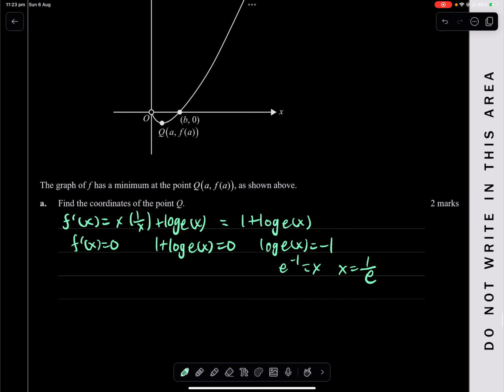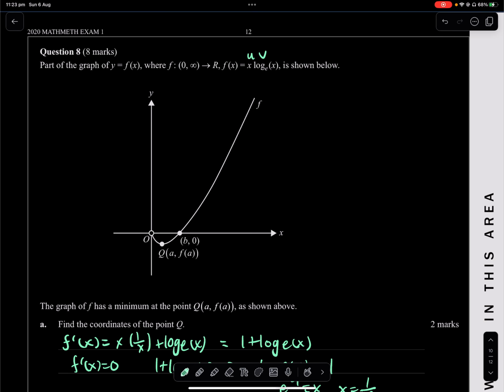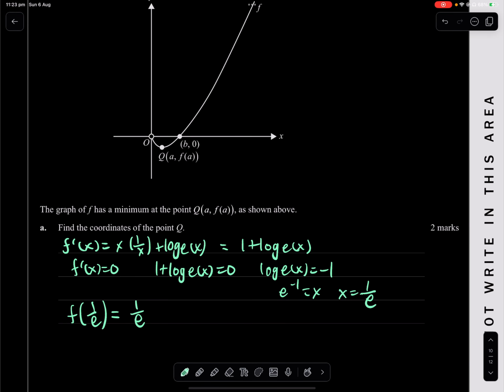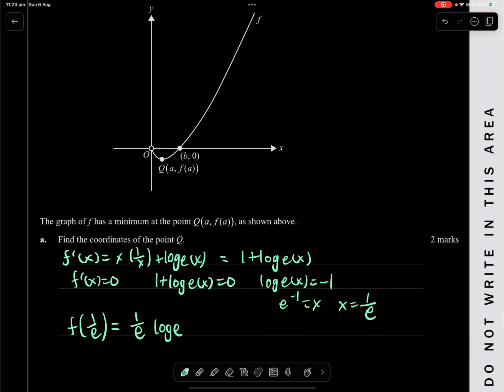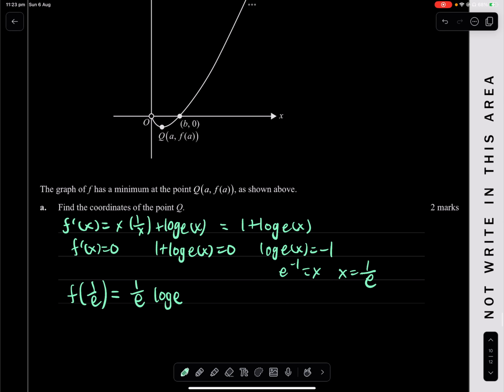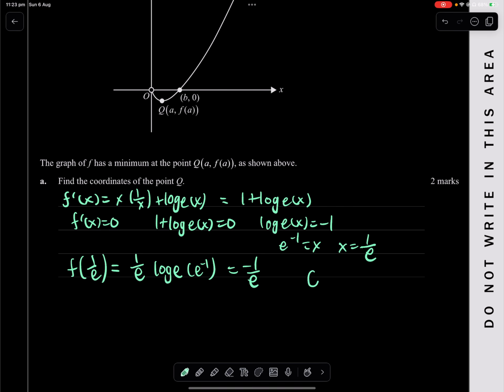Now subbing 1 over e into f of x, it's 1 over e times log e of 1 over e. So log e of 1 over e is just negative 1, the minus comes out and that cancels, so it'll be just negative 1 over e. So coordinate Q is 1 over e, negative 1 over e.